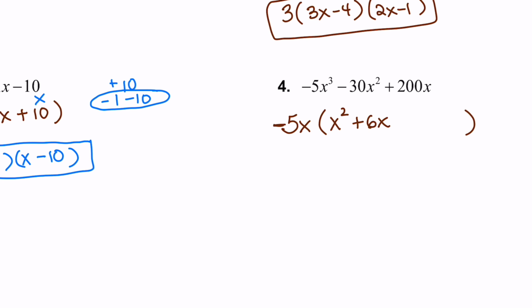And if I take 200x and divide it by a negative 5x, the x's cancel. 200 divided by 5 is 40. And I want to make sure it's negative because a negative times a negative will equal a positive.